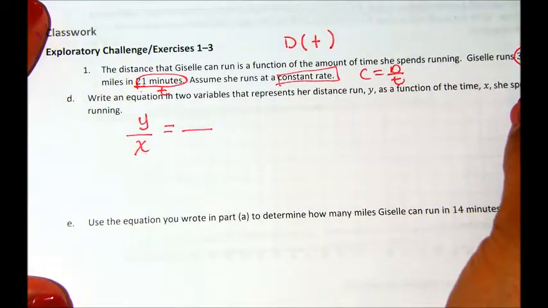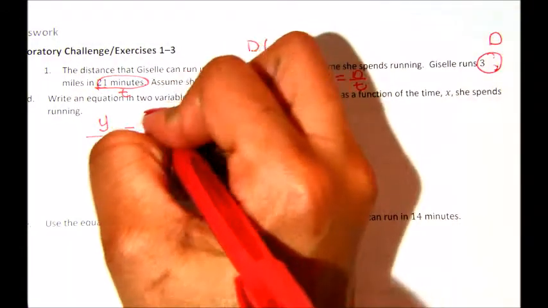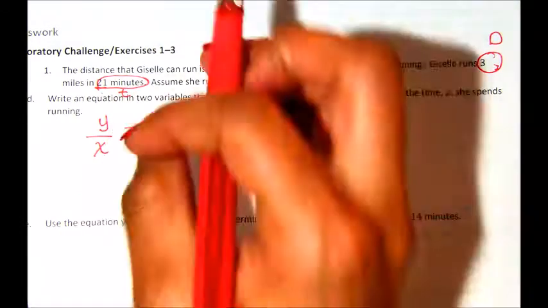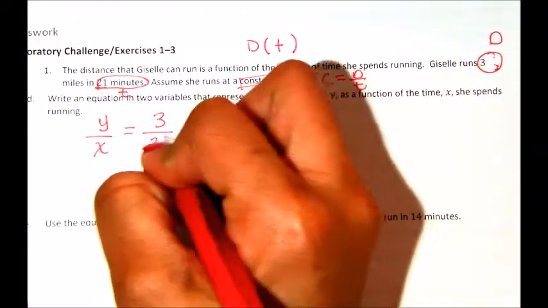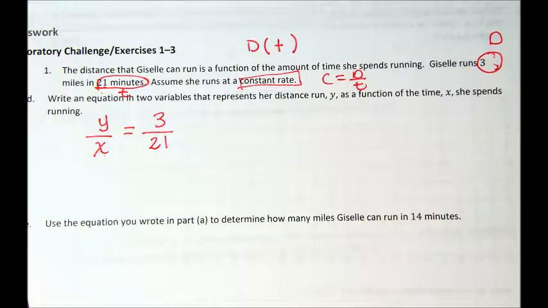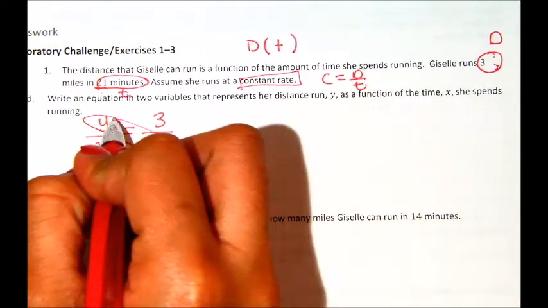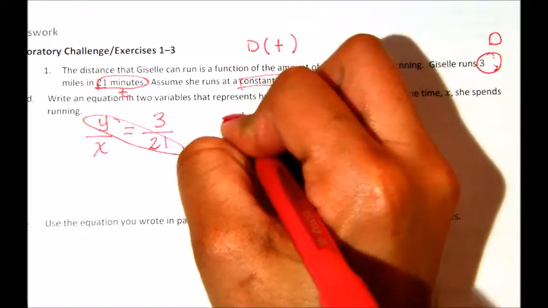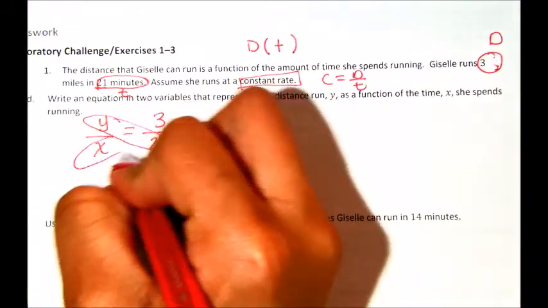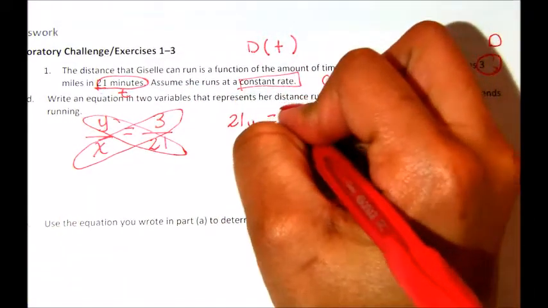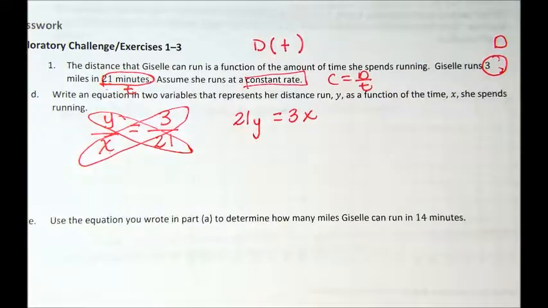So I'm going to substitute in this 3 that I annotated for my distance over this 21 that I annotated for my time. I know that my next step in creating this two-variable equation is to cross multiply. So I'm going to have 21y equal to x times 3, which is 3x.